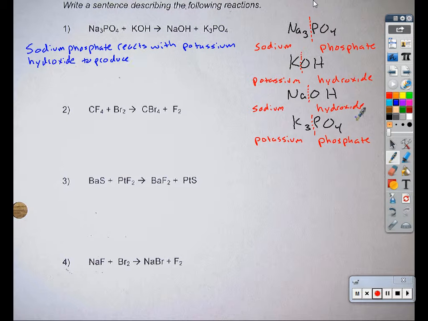NaOH we now know is sodium hydroxide. The plus sign on the product side can be replaced with the word "and." And the K3PO4 we now know is potassium phosphate.